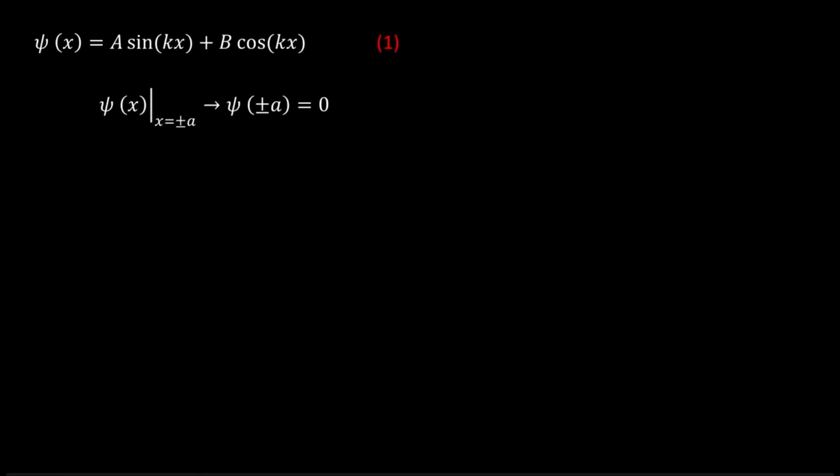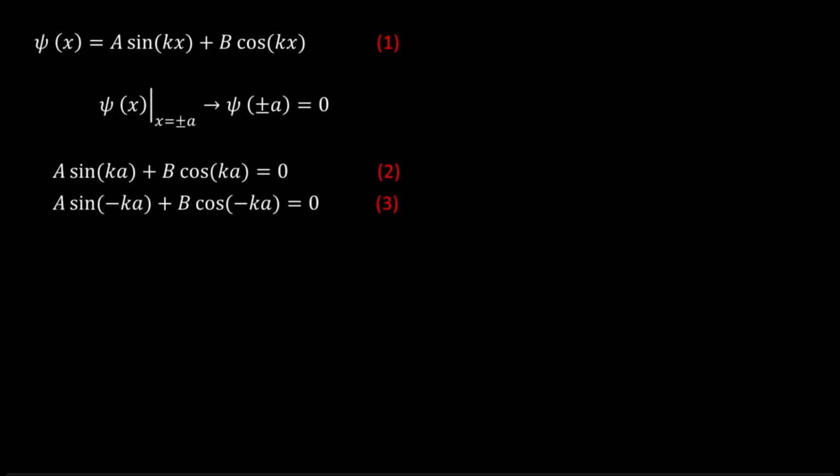Applying the boundary condition psi of x at x equal to plus or minus a equal to 0, we have the wave function at the boundaries equal to 0. Hence the wave function becomes A sin ka plus B cos ka equal to 0 at x equal to plus a, and A sin minus ka plus B cos minus ka equal to 0 for x equal to minus a.